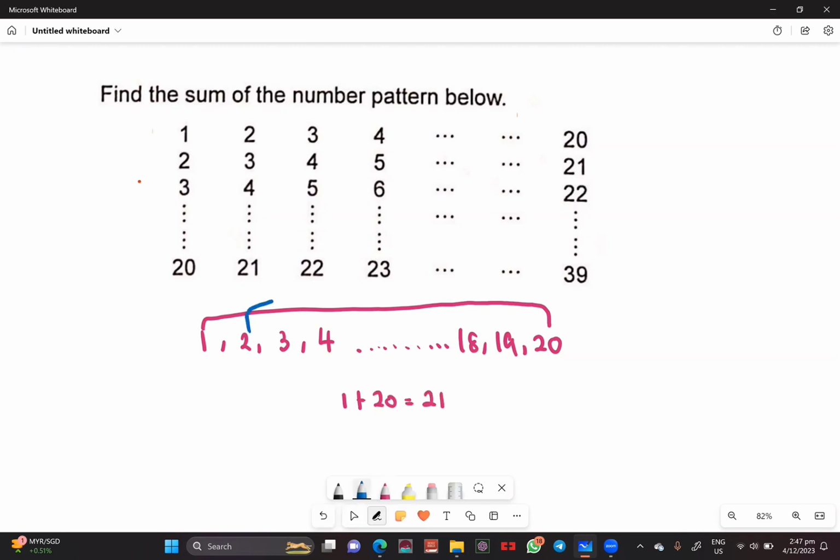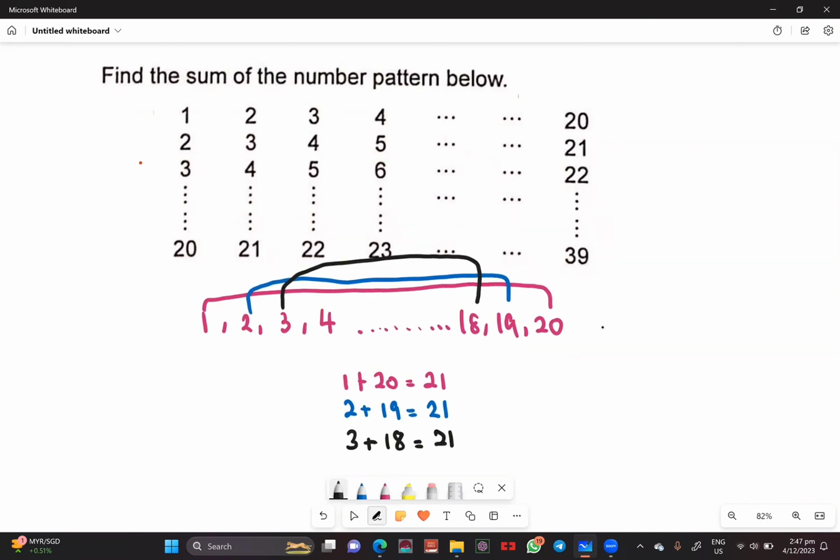Now, you pair up the second number and the second last number, which is 2 and 19, you get to the total of 21. If you were to pair up the third number and the third last number, 3 plus 18, you get to 21. Now, what you can see from here is that each pair is actually equals to 21.